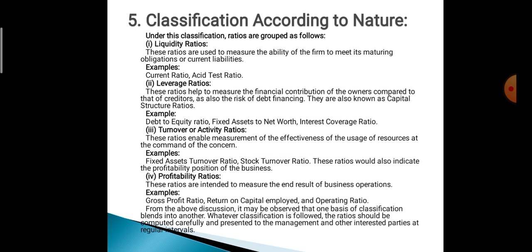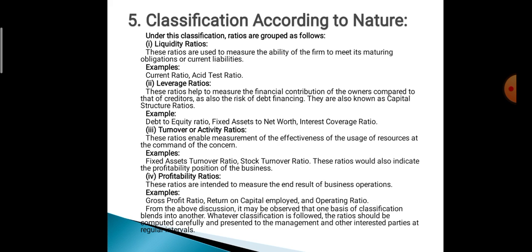Now, coming to the classification on the basis of nature or usage. Under this classification, ratios are grouped as liquidity ratio, leverage ratio, turnover or activity ratio, profitability ratio, etc. Here ratios can also be classified as ratios for management, ratios for creditors, ratios for shareholders.